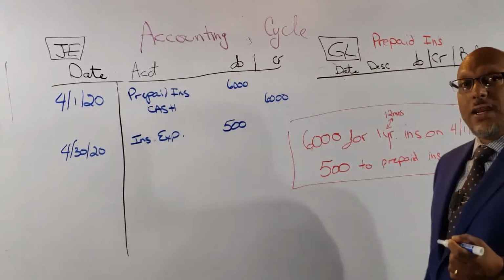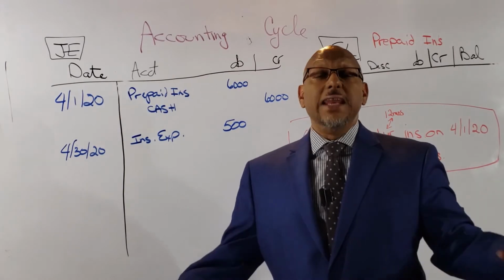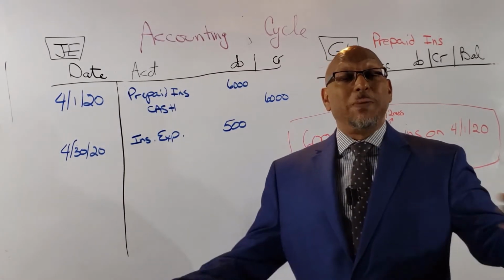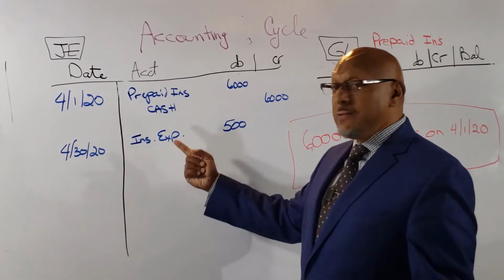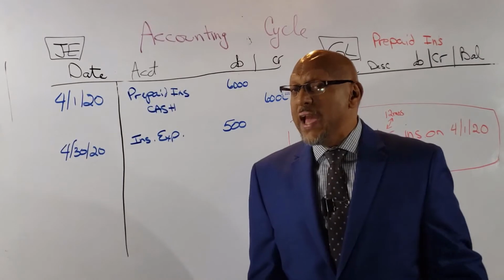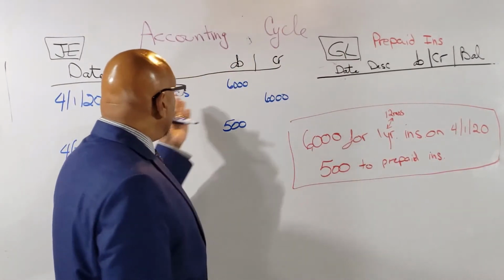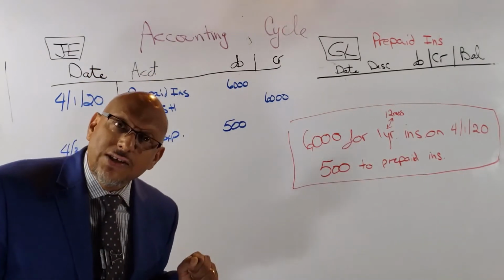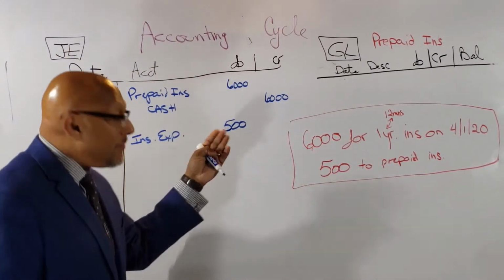But what are we going to credit? Well, we can't credit cash. We've already credited the cash, and we're not spending any cash for this expense. This expense has already been expensed as a prepayment. So we're not going to spend more cash, and we're not going to pay the insurance agent again. We can't pay him twice. We paid him $6,000. We're not going to pay him an additional $500.